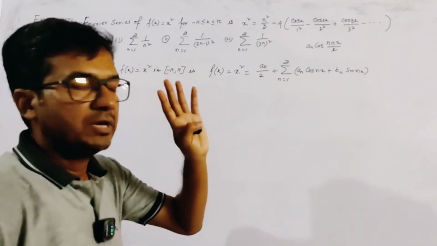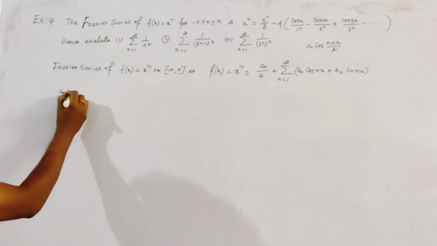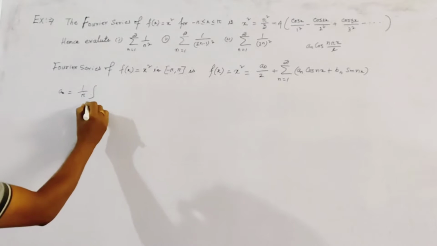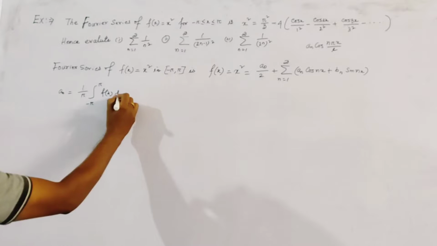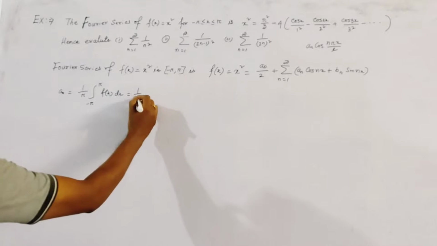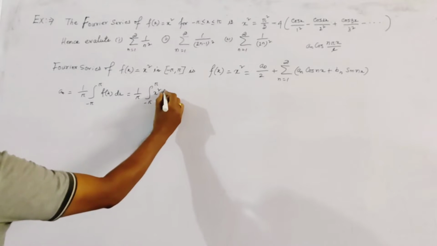of b_n. And the formula of a0 is 1 by pi integration minus pi to pi f(x) dx, and this is 1 by pi integration minus pi to pi x square dx.